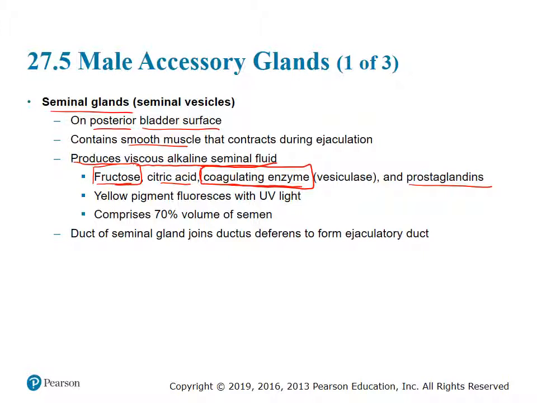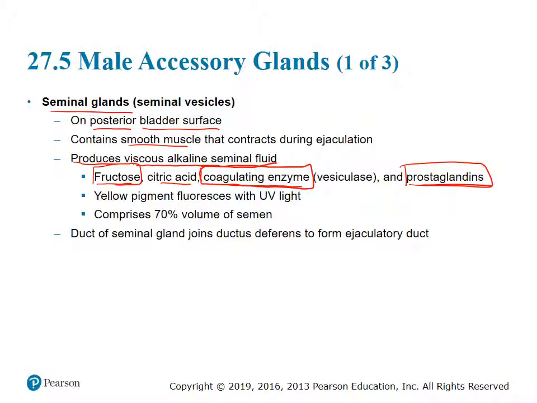And prostaglandin thins the mucous membrane of the vagina and the uterus as well. That hormone thins the layer out and enables the sperm to pass through, because if it was more mucousy, then sperm would get caught and wouldn't be able to pass all the way up to the fallopian tube. Okay?